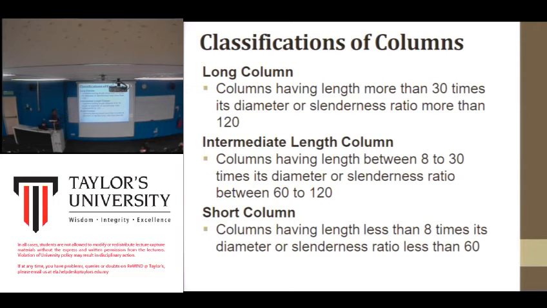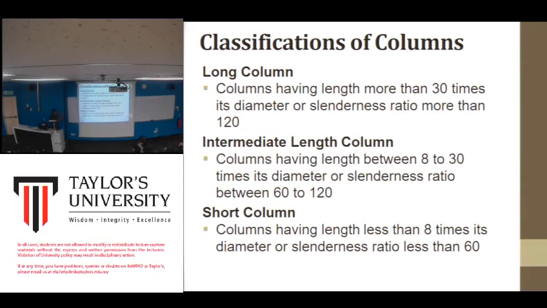But if you include the diameter of the column, by dimension it might be short, but if the diameter is just that big, assuming the height is actually 30 times the width, then it can be considered a long column, even though the dimension is actually short.